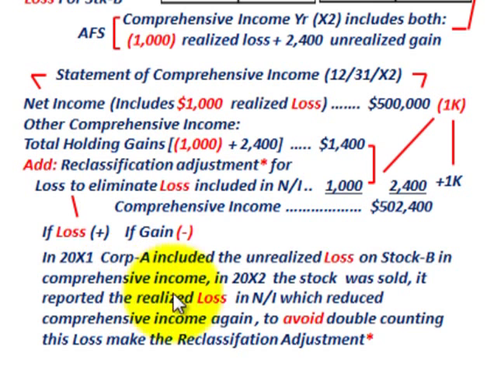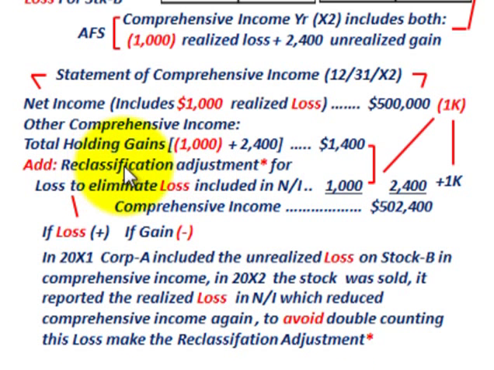It was reported as a realized loss in net income, which reduced our comprehensive income again. The loss on the stock reduces our net income, and in effect it reduces our comprehensive income as well. So to avoid double counting this loss, make this reclassification adjustment.